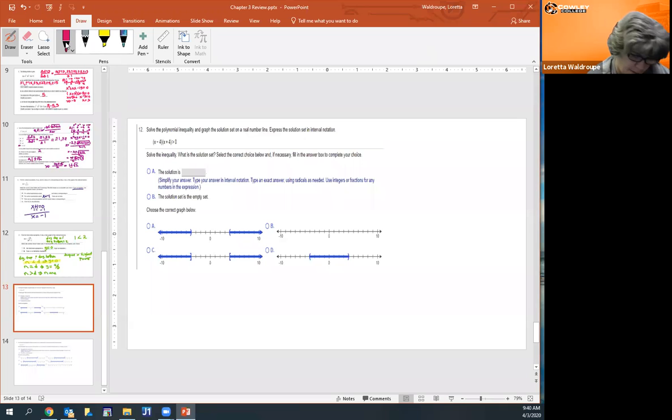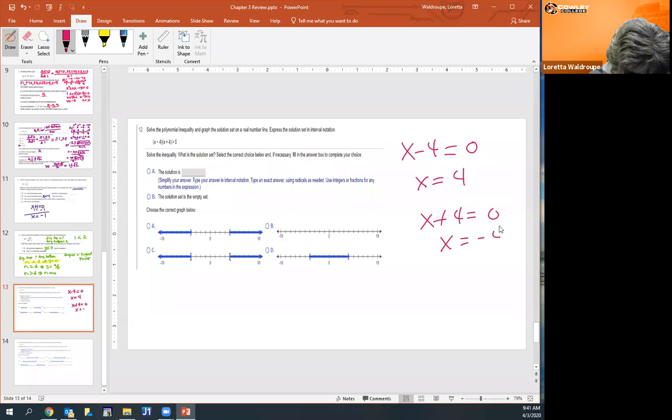If x minus 4 equals 0, we get x equals 4. If x plus 4 equals 0, we get x equals negative 4.